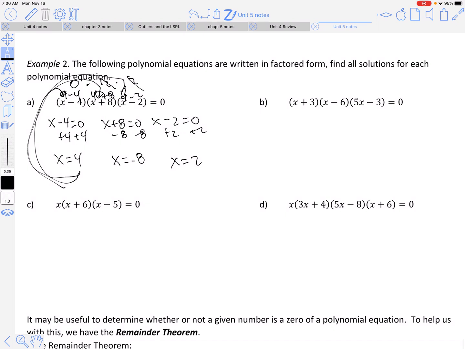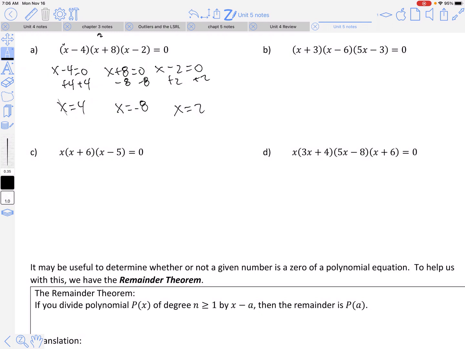So it doesn't matter what these guys become, but because that one created 0, the whole answer will end up being 0, okay? And you could prove it with all of those. If we plug in a negative 8 here, I'm not going to get 0 here, but I will here. And because there's 0 in that multiplication, it will create 0 in the end. So the zero product property tells us all the ways we can create 0 there, and there are 3 ways.